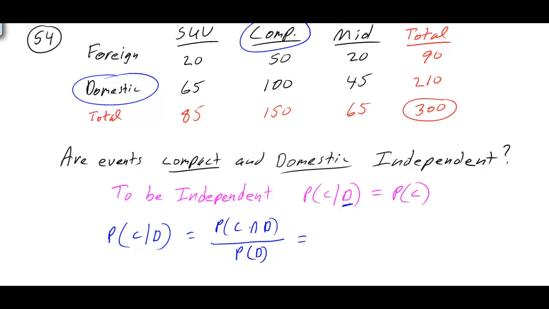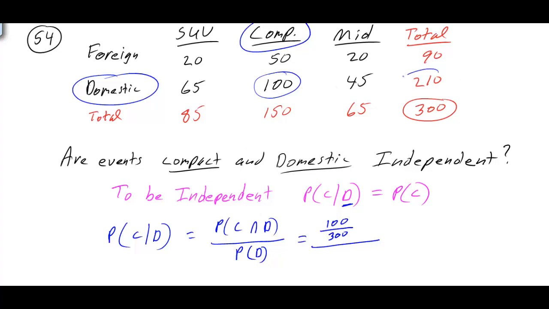So the probability of compact and domestic, well, compact is here in the center, and then domestic, so that means compact and domestic here we have a total of 100 out of the total vehicles would be 300, and we're going to divide that by the probability of domestic.